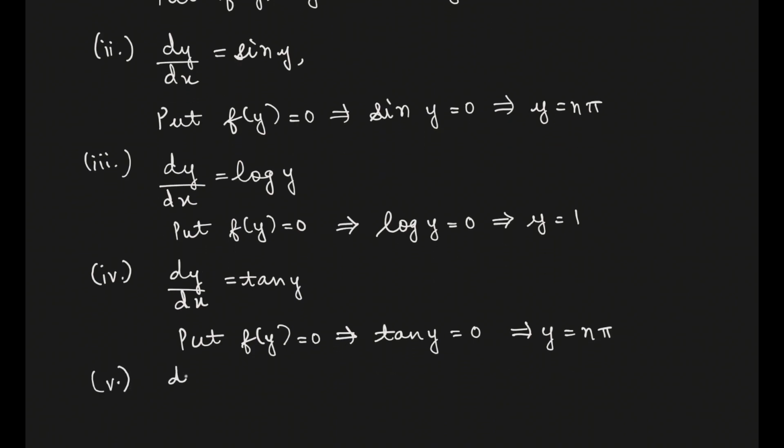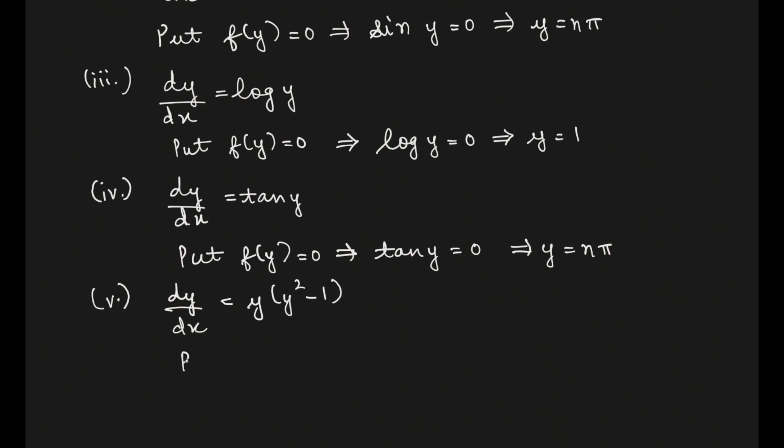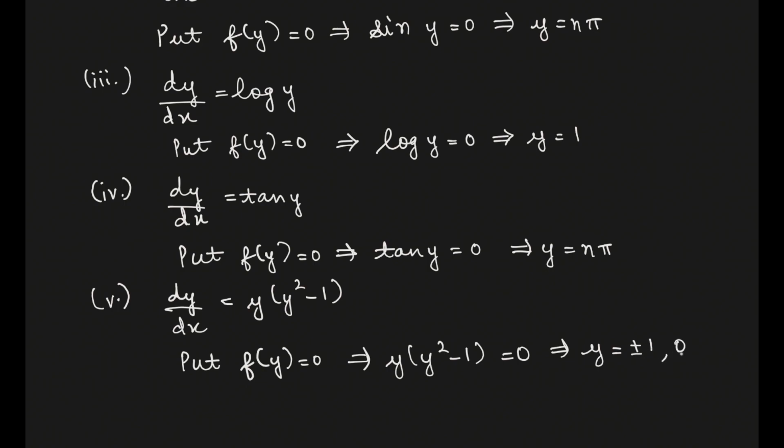Fifth one, dy upon dx equal to y square minus 1. What will be the equilibrium solutions? y equal to plus minus 1. Yes, correct.